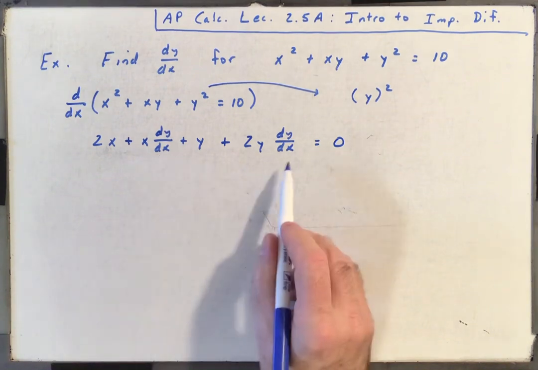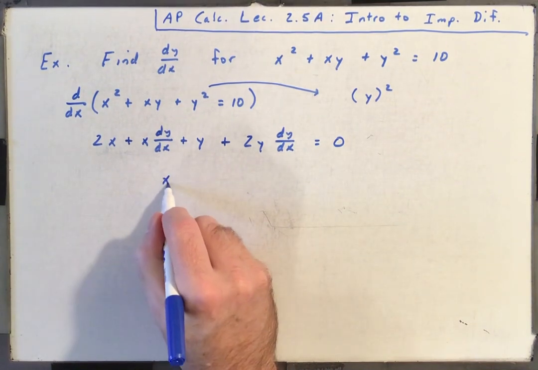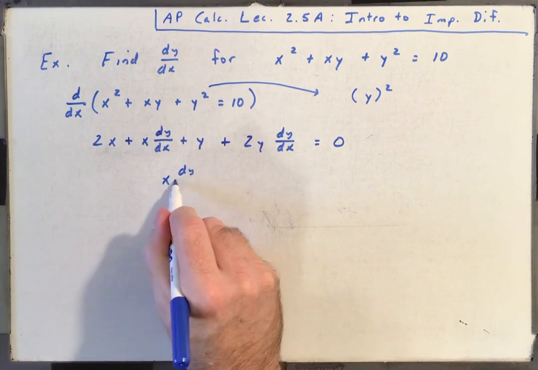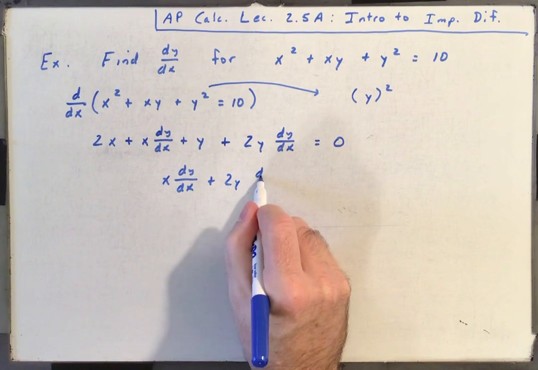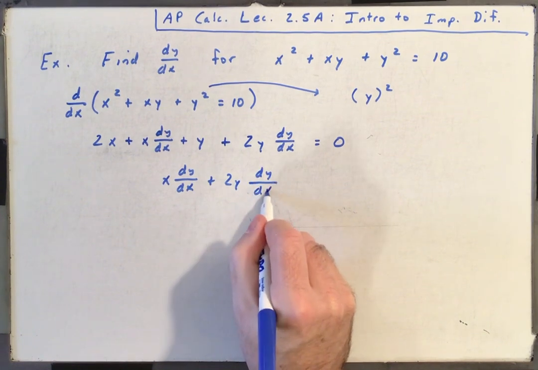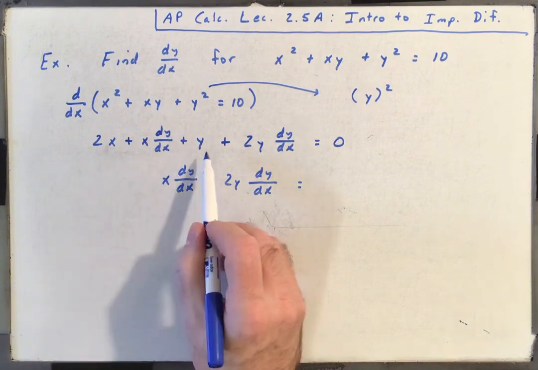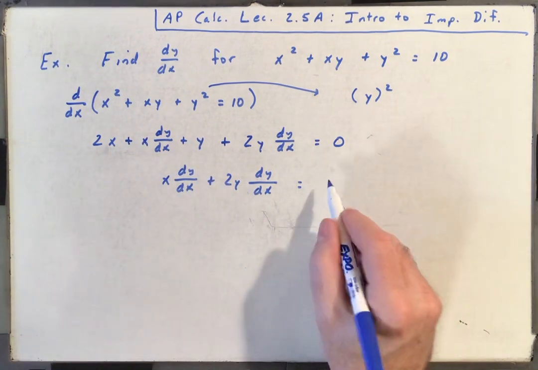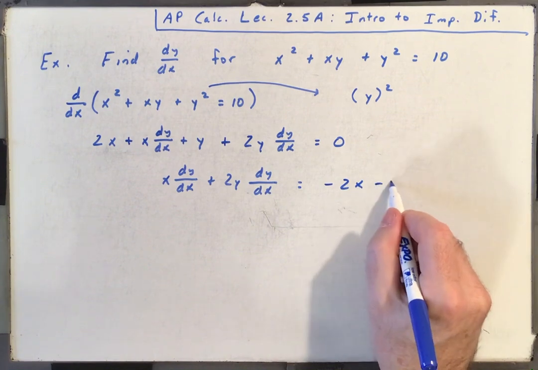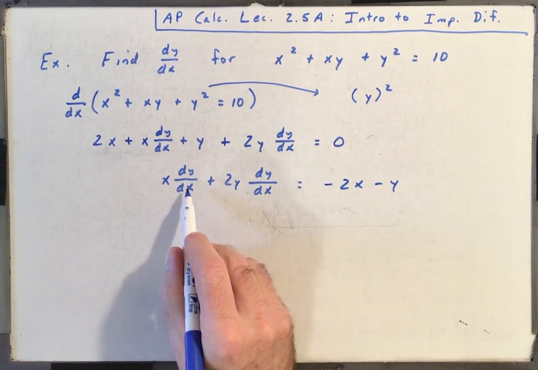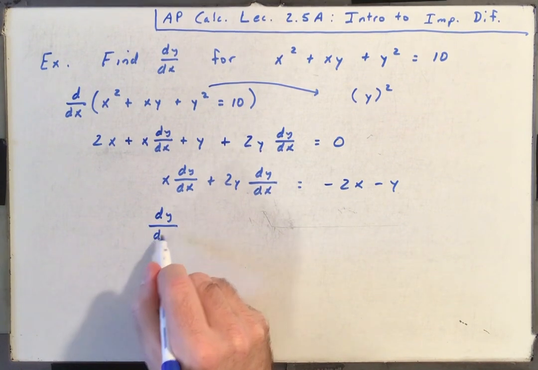Now we have two dy dx terms. Let's keep these over on the left side. And we're going to shove the 2x and the y over on the right. So we'd have to make them negative. So minus 2x minus y. Now, we just want to solve for dy dx, so let's factor out a dy dx.